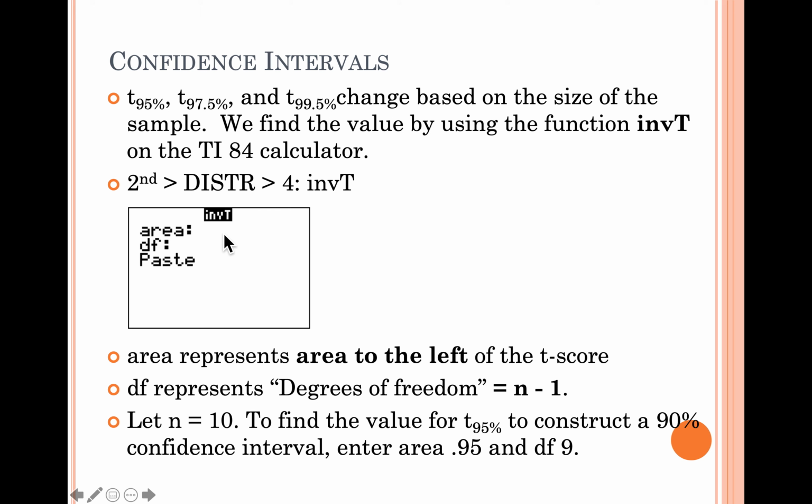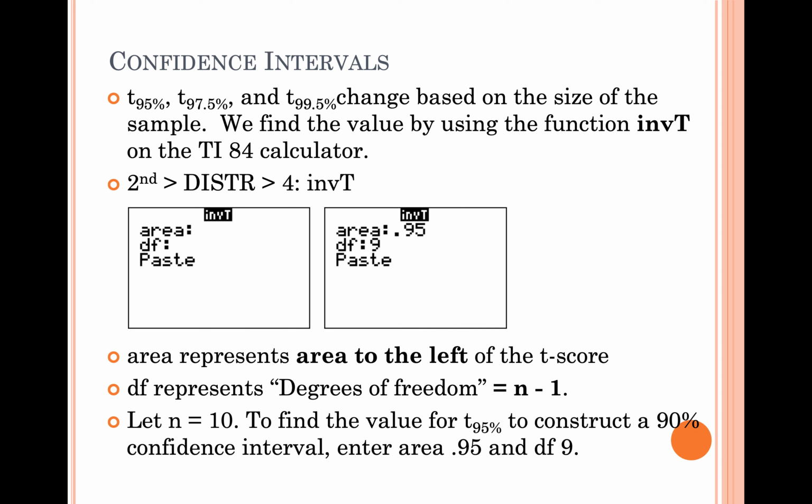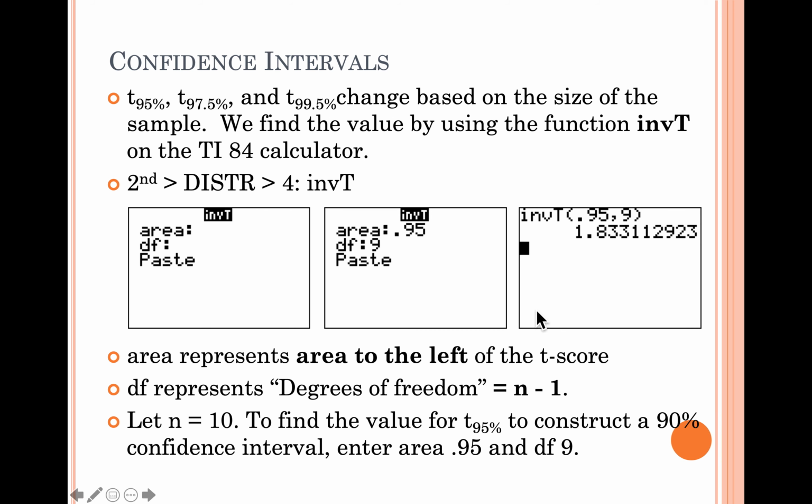If you scroll down to paste and hit enter, your t-score is this long number here, and by convention, we are going to round it the same way we've done with z-scores, to 2 decimal places, and that would be 1.83. Okay, 1.83.